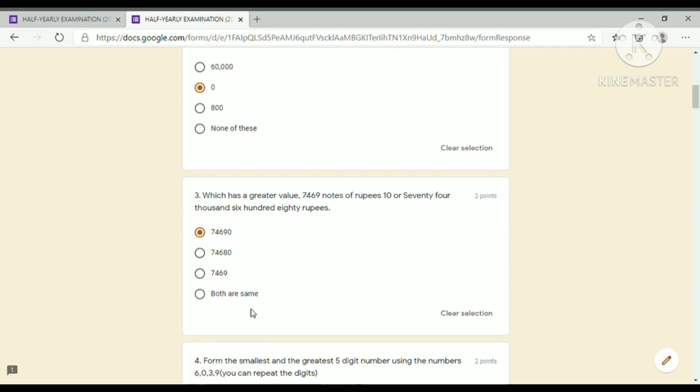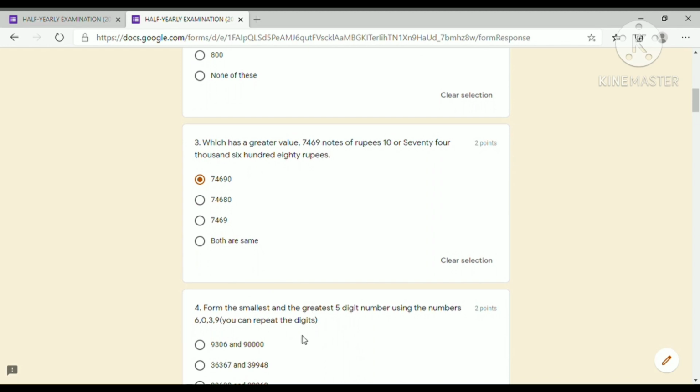Okay. Next, form the smallest and the greatest 5-digit number using the numbers 6, 0, 3, 9, and you can repeat the digits. See, I am again repeating the question. Form the smallest and the greatest 5-digit number using the numbers 6, 0, 3, 9. We can repeat the digits also.